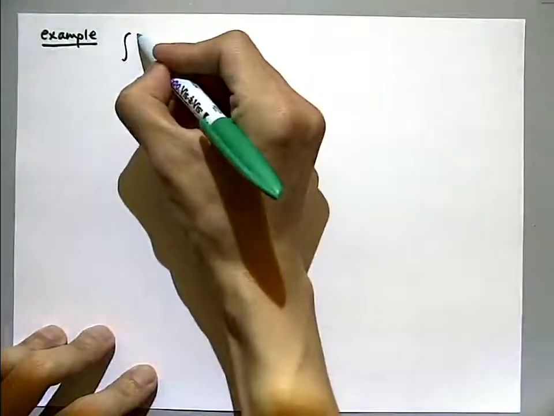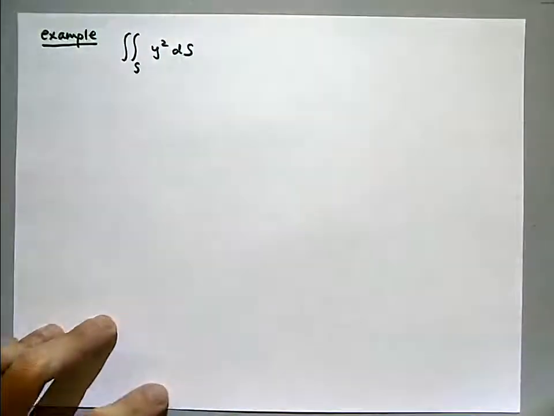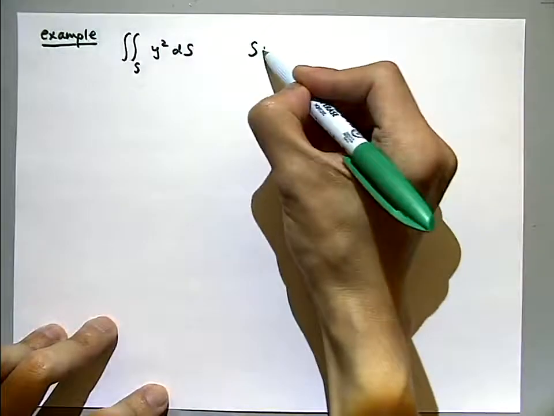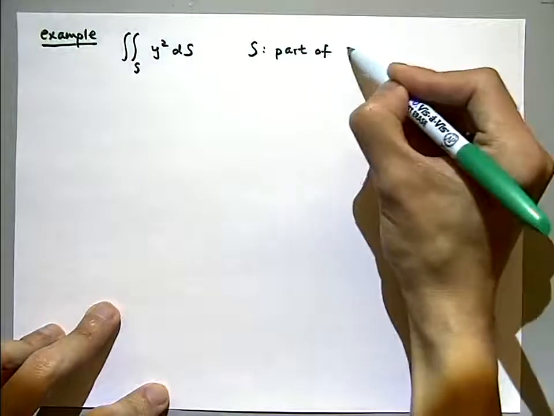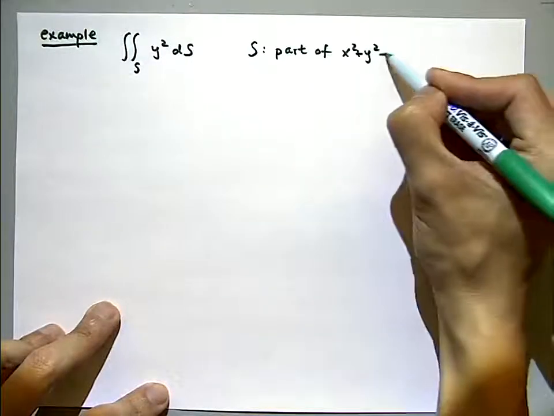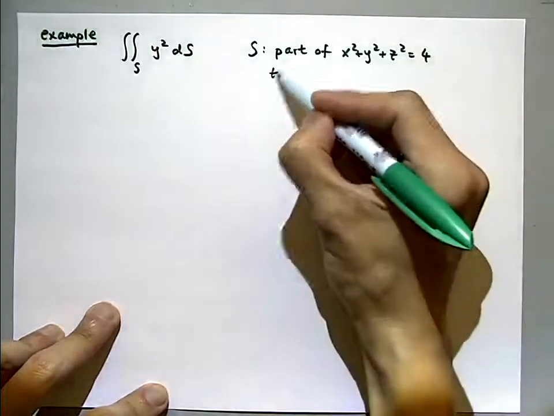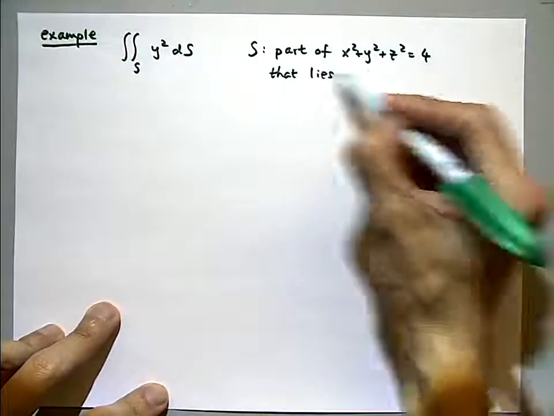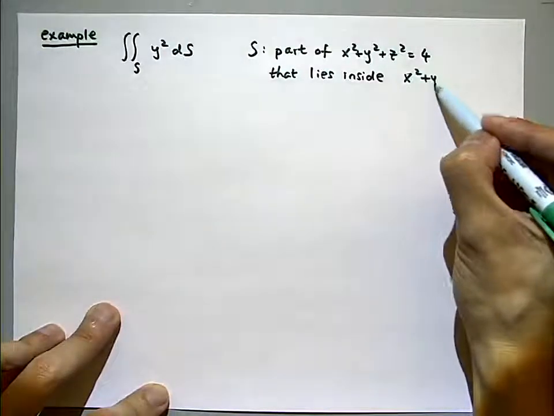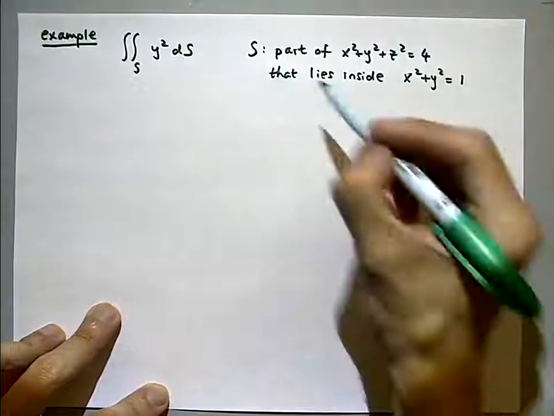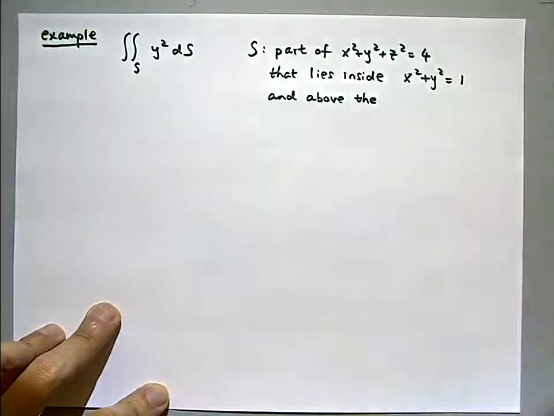Let's integrate y squared dS, and the surface we're talking about is part of x squared plus y squared plus z squared equal to 4, that lies inside x squared plus y squared equal to 1, and above the xy plane.